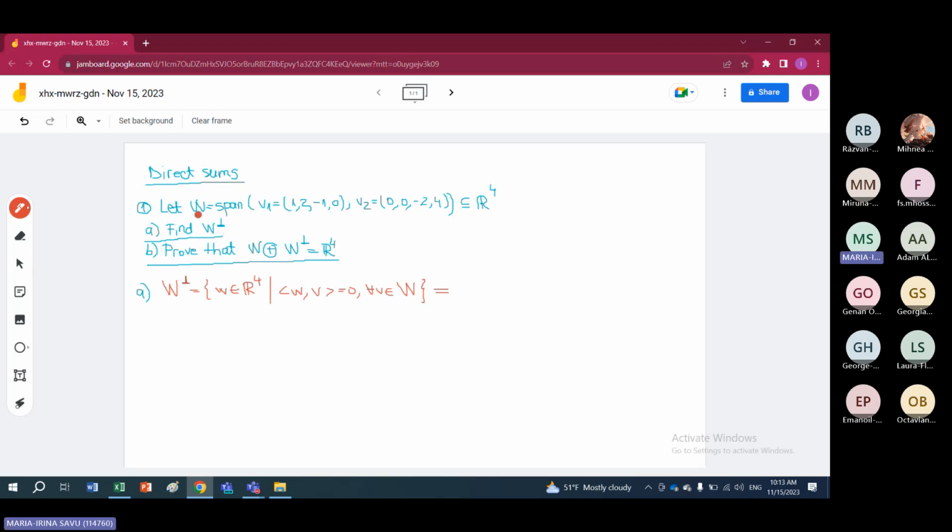Because in this capital W, you have an infinite number of vectors v, and you cannot compute an infinite number of dot products. This condition is actually equivalent to what conditions?